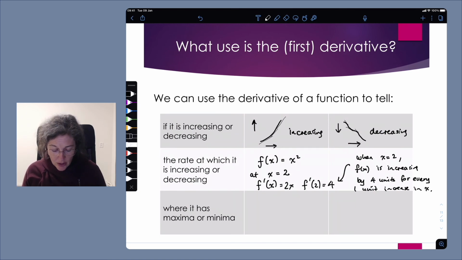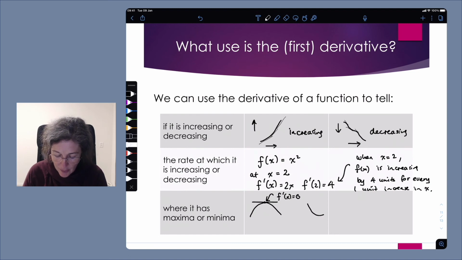And then the other pretty useful thing is it tells us where our function has maxima and minima. So this is really important. The key here is noticing that if I have a function that has a maximum, at the maximum, my first derivative is equal to 0.